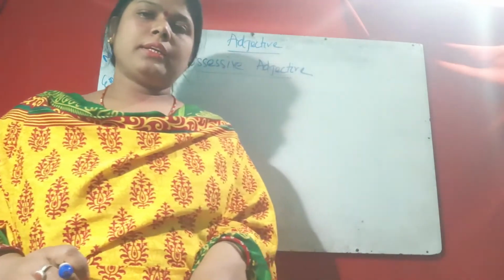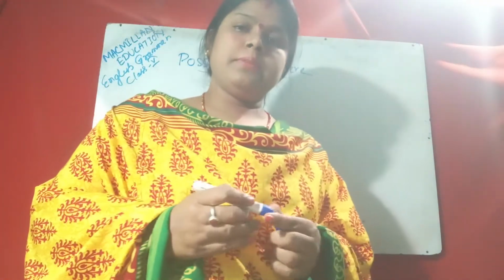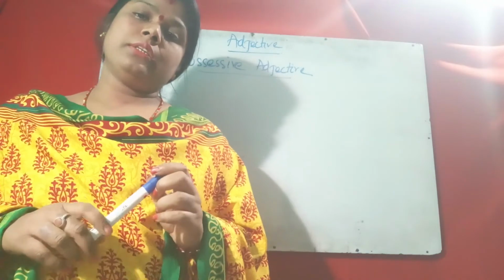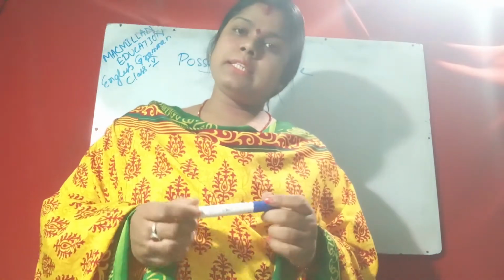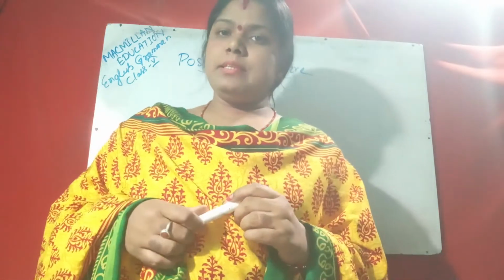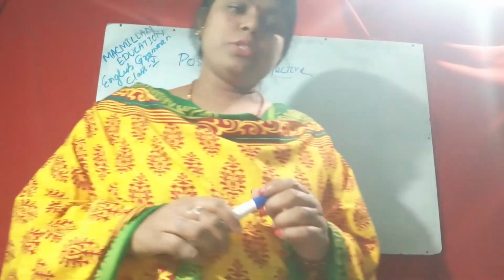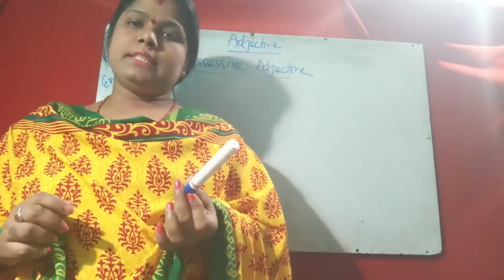So, the possessive adjective. What is a possessive adjective? A possessive adjective is one which shows possession or belonging. Suppose this pen belongs to me. That means we can say this is my pen. So possessive adjectives denote belonging or possession. If I ask, whose pen is this?